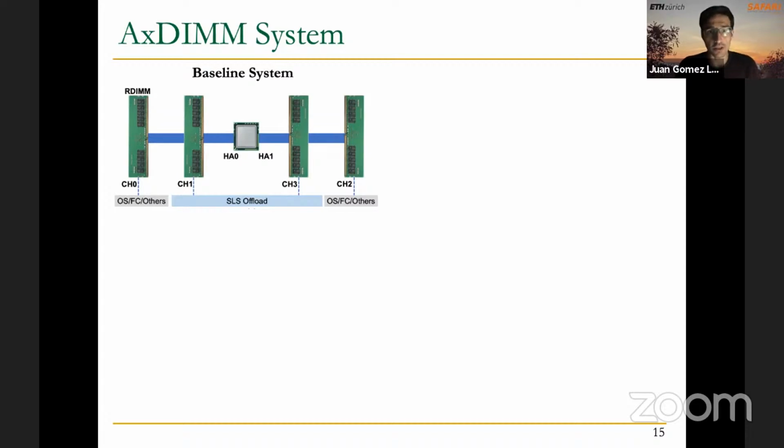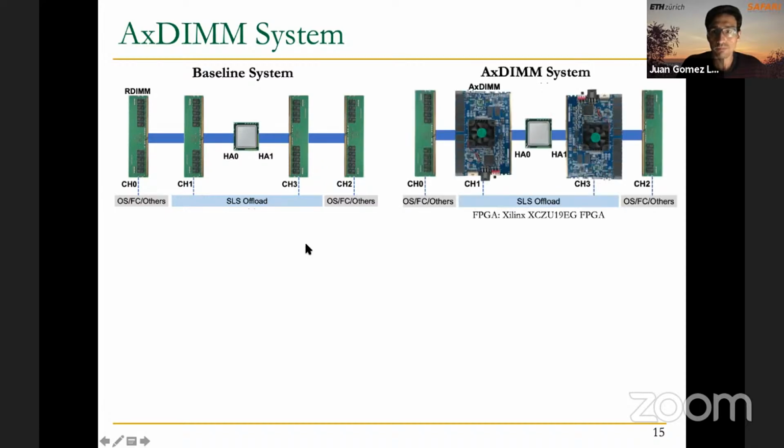So the first picture that you see on the slide is the baseline system. This essentially contains a CPU, and then there are DIMMs connected to the CPU via four memory channels. The AxDIMM system replaces two of these DIMMs with AxDIMMs containing DDR4 chips and one FPGA each.